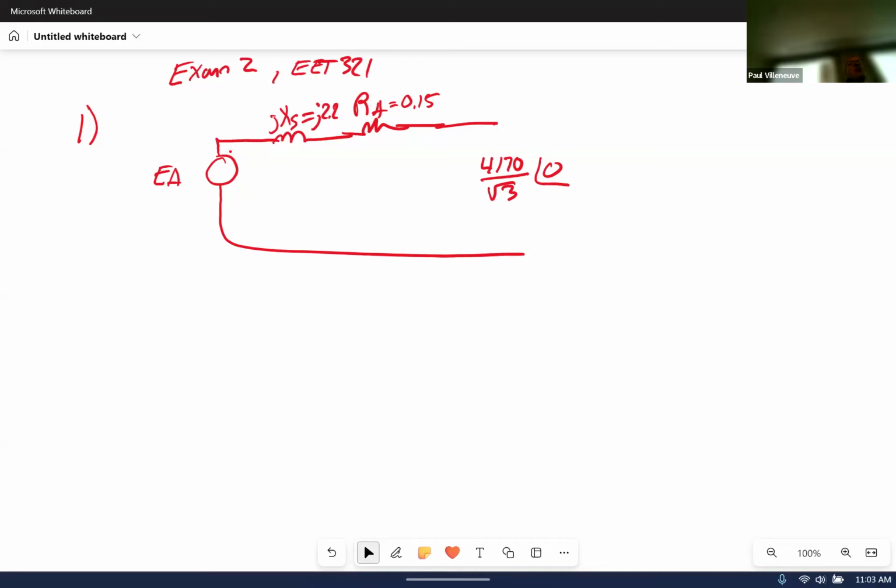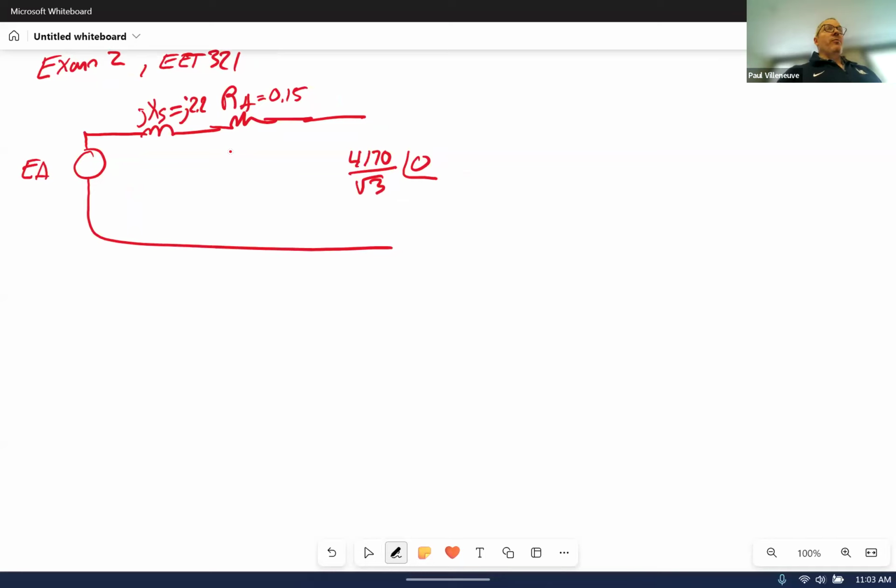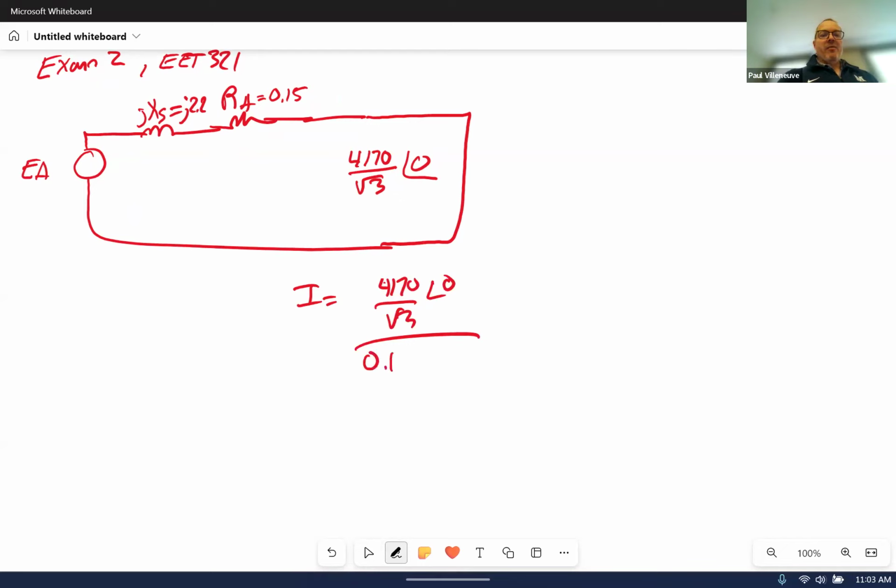Now, this is where I would recommend you start and continue on, but a lot of people struggled as to the load calculating the current. So some of you all assumed that your current was calculated by putting a short circuit across the terminals. Because what you said was I is equal to 4170 at an angle of 0 divided by the square root of 3 divided by 0.15 plus J 2.2.